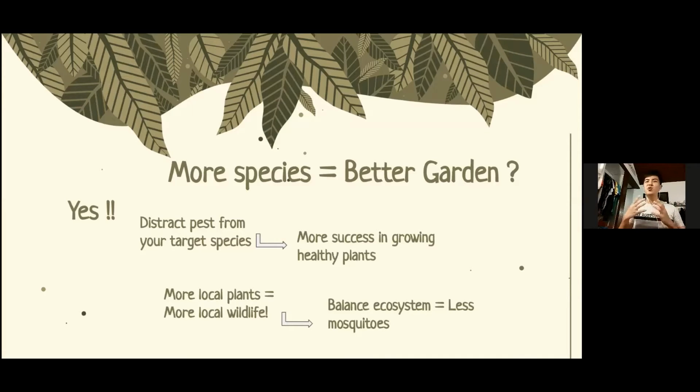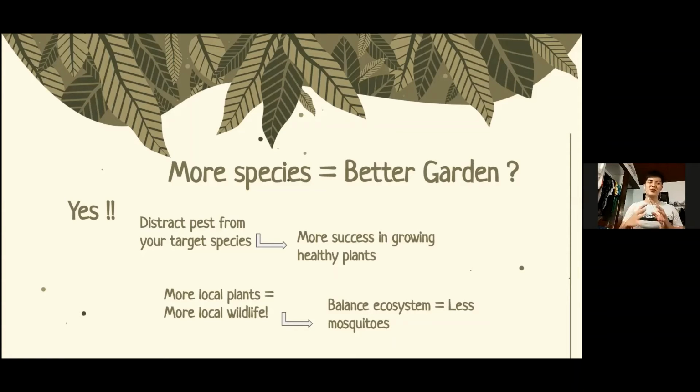If you want to share your garden with local animals, you want to plant local plants, because local plants are more welcoming to the local wildlife, and the wildlife will be happier because they will find their preferred food. If you're Asian, then you will naturally want to have Asian food. That's the case for animals as well.